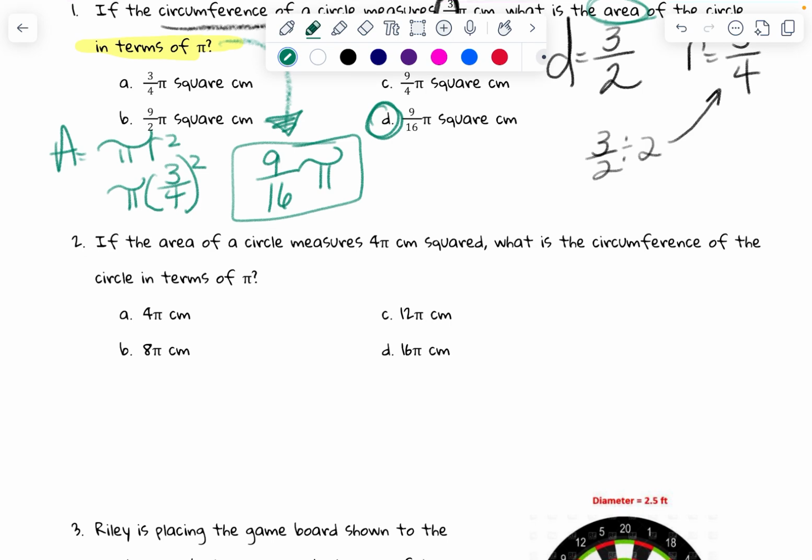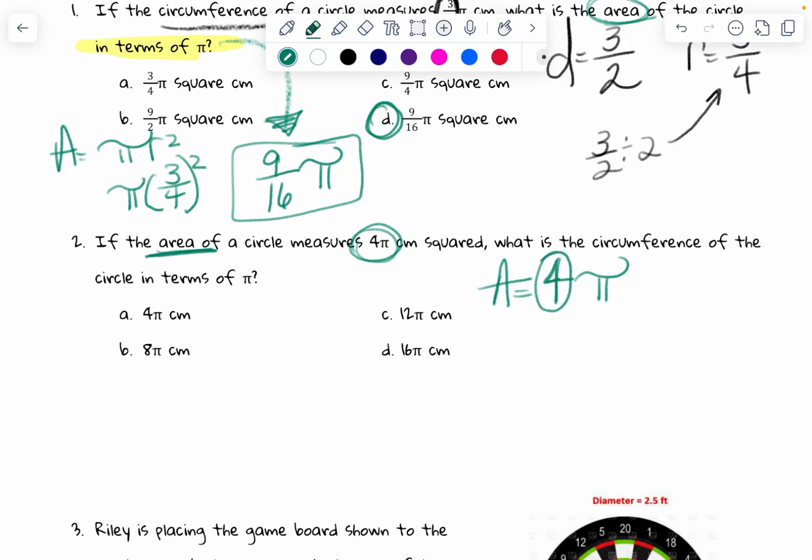If the area of a circle measures 4 pi, the area is 4 pi. So A equals 4 times pi. What is the circumference in terms of pi? Well, let's think about what we've been given. The area is 4 pi.